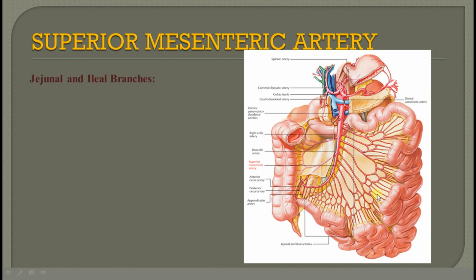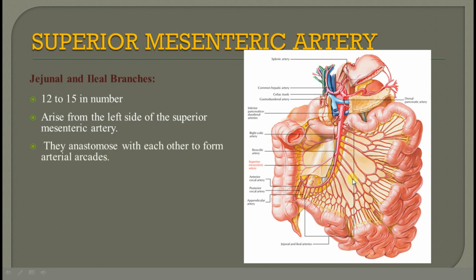Now, coming to the jejunal and ileal branches, this we have also described while dealing with the difference between the jejunum and ileum. They are almost 12 to 15 in number, arranged from the left convex side of the superior mesenteric artery, passing within two layers of the peritoneum, and they anastomose with each other, forming arterial arcades.